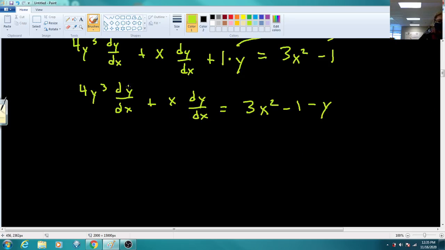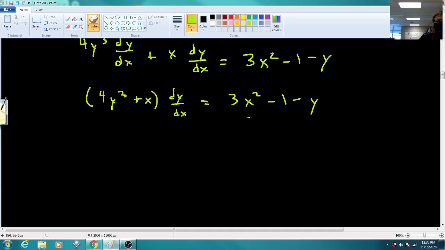Now, on this side, I'll factor out the dy dx. Then we divide everything across by the parentheses stuff, and that gets us our dy dx. And then we're done.